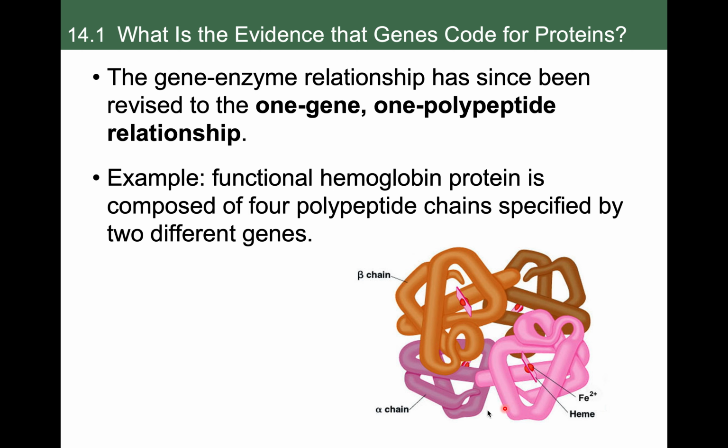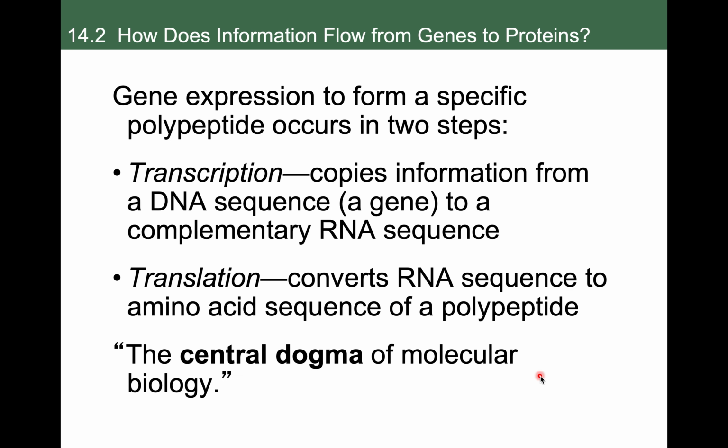So, to make a functional hemoglobin protein, we actually need four different genes, but each one's coding for a particular polypeptide. So, it's sort of splitting hairs, but the basic idea is still sound, right? Genes code for proteins, enzymes, polypeptides. So we're going from point A to point B inside the cells.